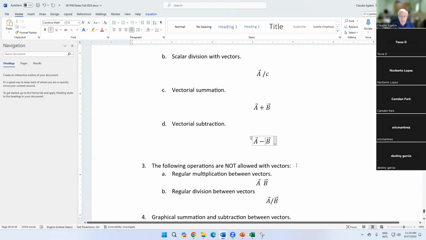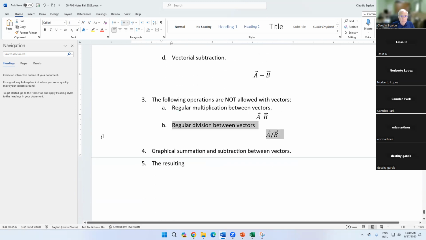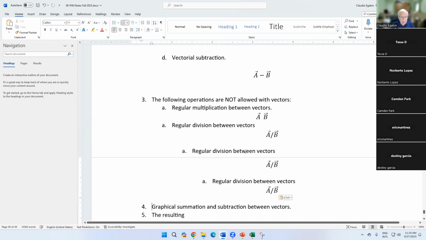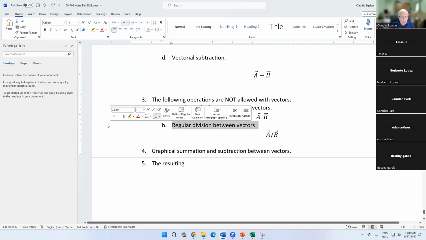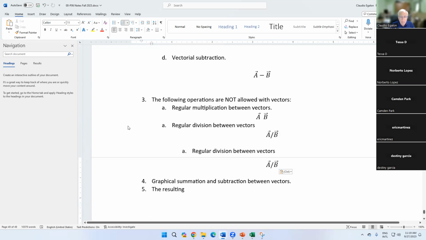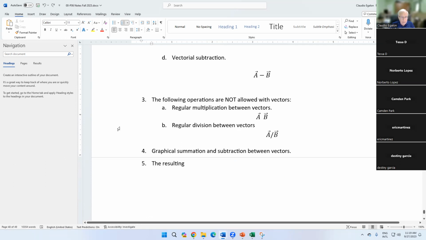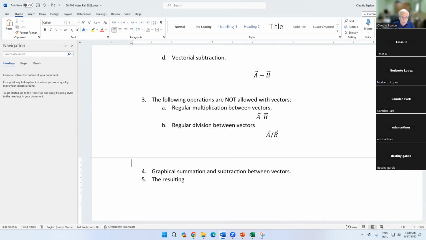What else can I not have? I cannot have a scalar divided by a vector either. Oh, what did I do here? Interesting. I hate when that happens. It's not behaving properly. Now let's try to paste it.